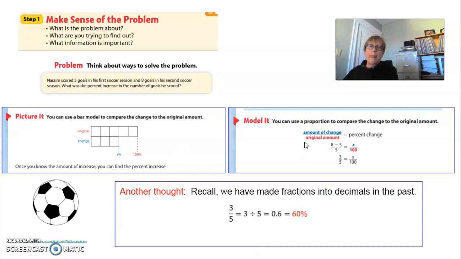Over here, we're going to take a look at that ratio that you read about yesterday. You wrote about it in your reflect, or whenever you did this work. I keep saying yesterday because that's when I made the video. But to figure out the percent of change, you actually take the amount of change and divide it by the original amount.